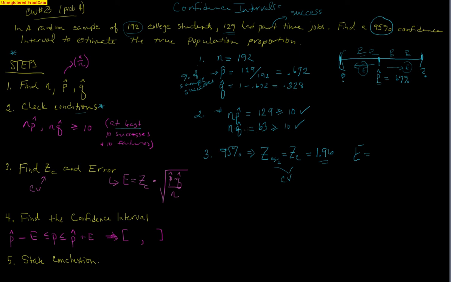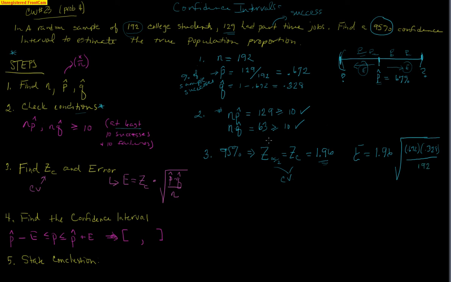That just comes from this critical value, which is 1.96, times the square root of, and we've used this formula many times in different forms, our p hat, which is 0.672, times our q hat, which is 0.328, divided by our sample size, which is 192.